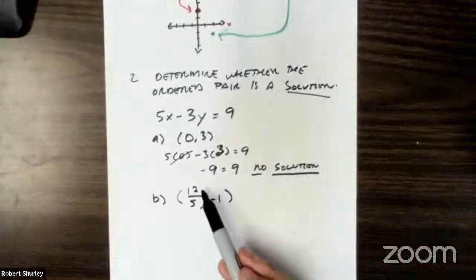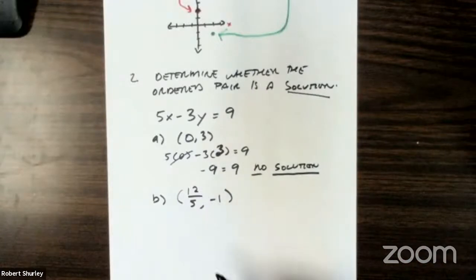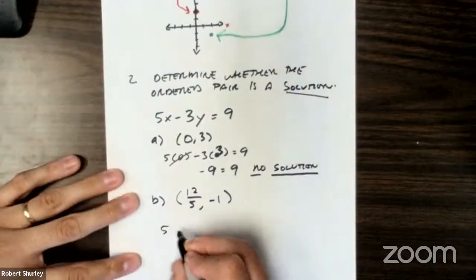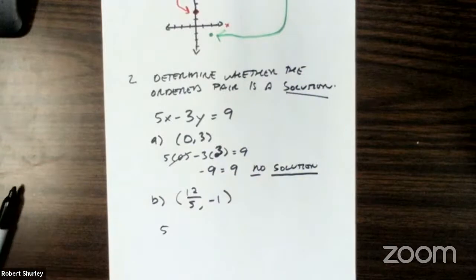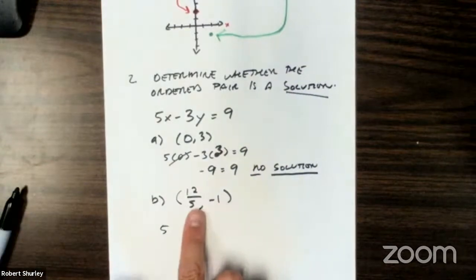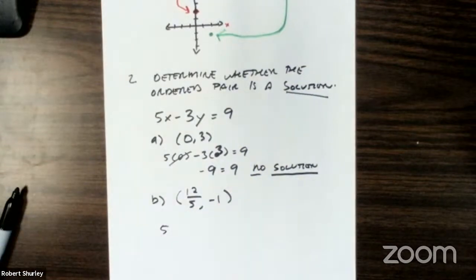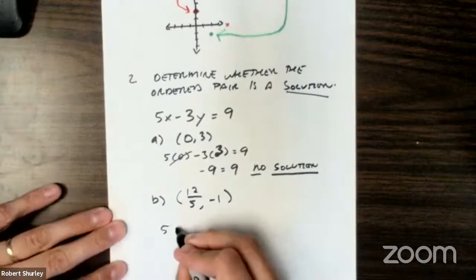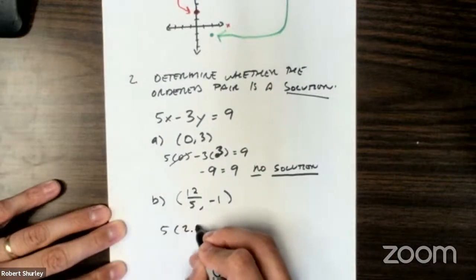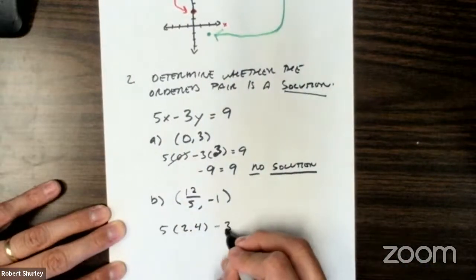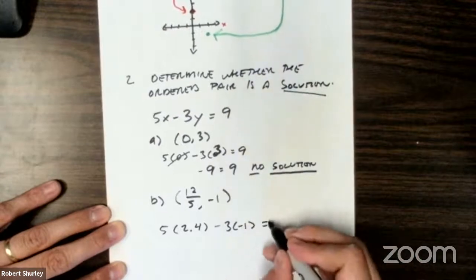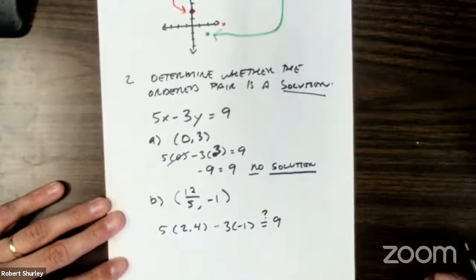Okay, so now let's do the 12/5, -1. So I'm going to say 5 times... You know what? I don't know what 12/5 is. I know if you divide anything by 5, you get a nice decimal. So I'm going to be efficient here and say 12 divided by 5. Oh, that's just 2.4. So I'm going to plug it in my calculator that way. 5 times 2.4 minus 3 times -1. And I want to know, is that 9?